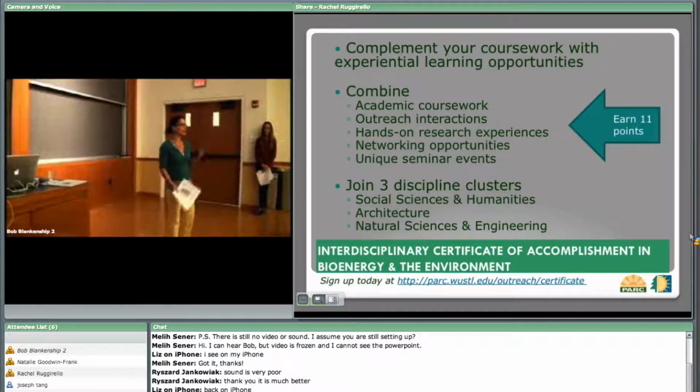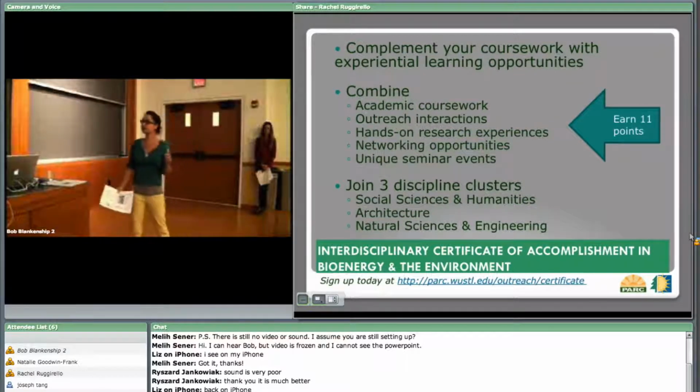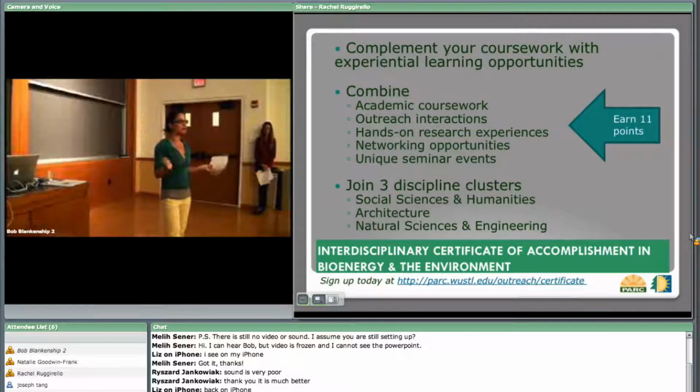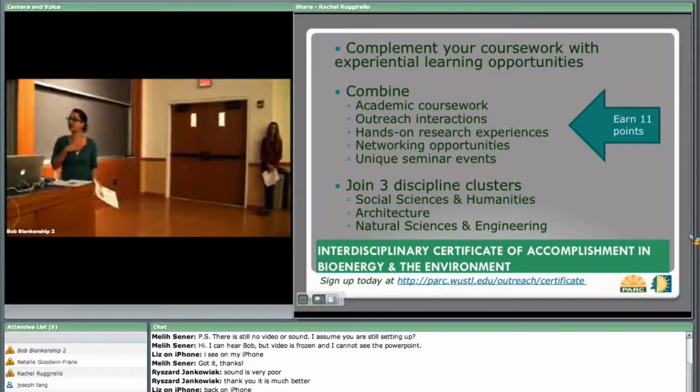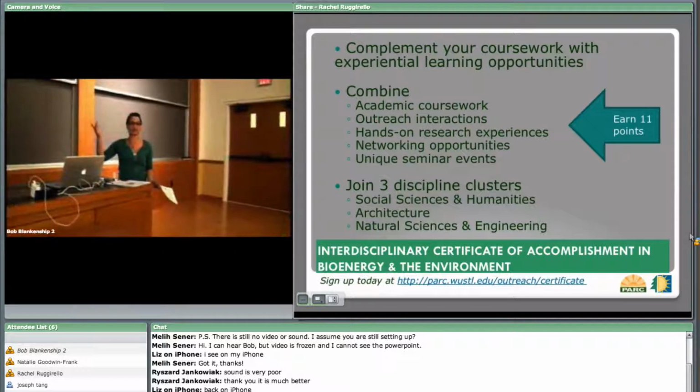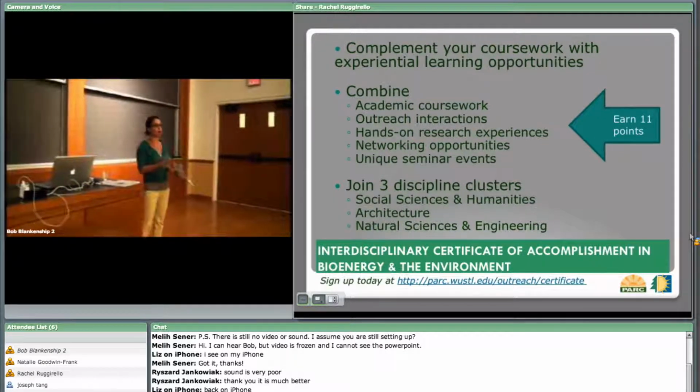That's why we have site visits incorporated in our energy series, because we want you to be able to see, for instance, if you were to do research in an engineering lab around bioenergy, what that actually looks like in a biodiesel facility where people are doing this. It includes academic coursework that we require to be interdisciplinary so that you get a wide perspective.